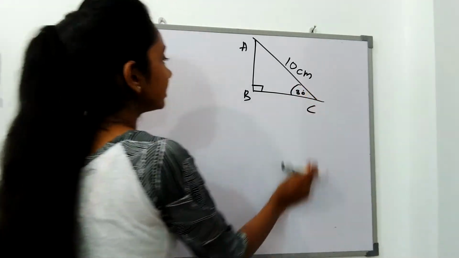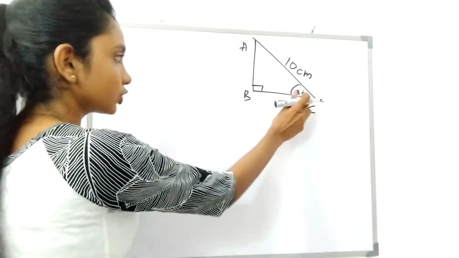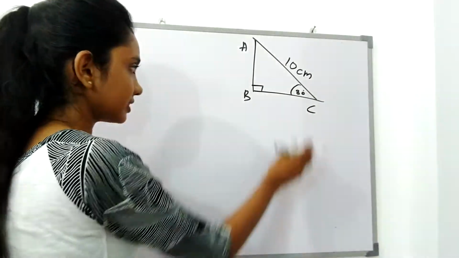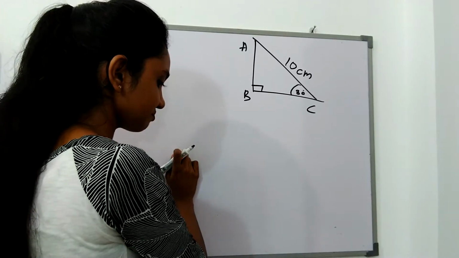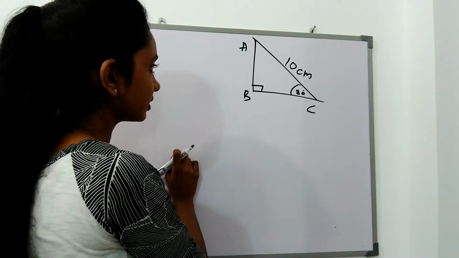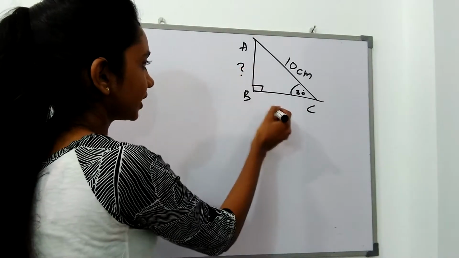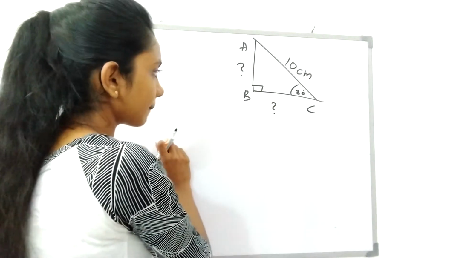So here we are going to apply ratios including this angle, that means angle ACB. They are asking us to find the length of AB and the length of BC.